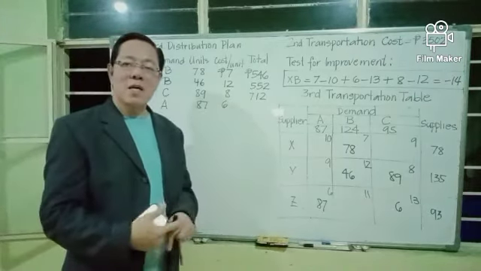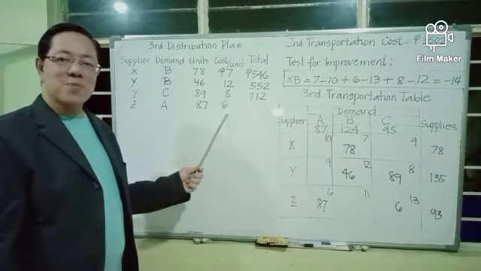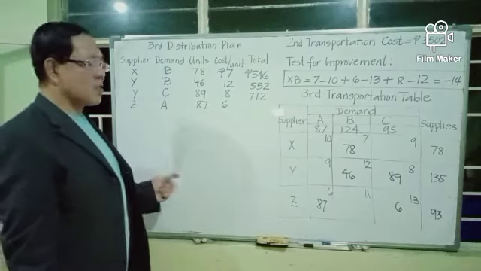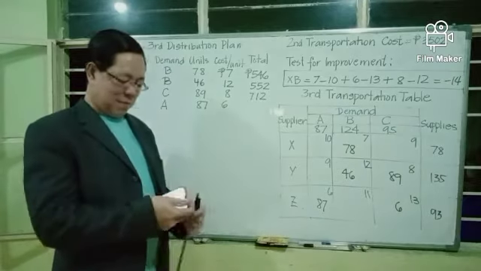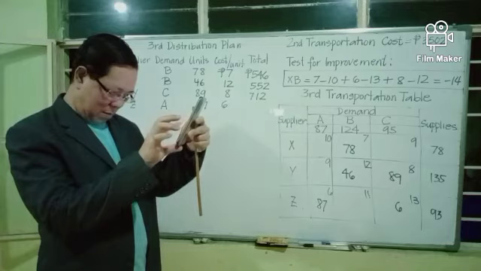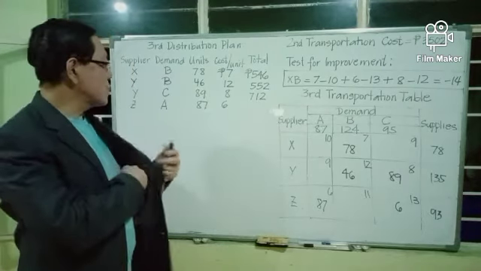And we find the total cost of transporting 87 units at 6 pesos per unit from supplier Z to customer A by multiplying 87 by 6. And we get 522.